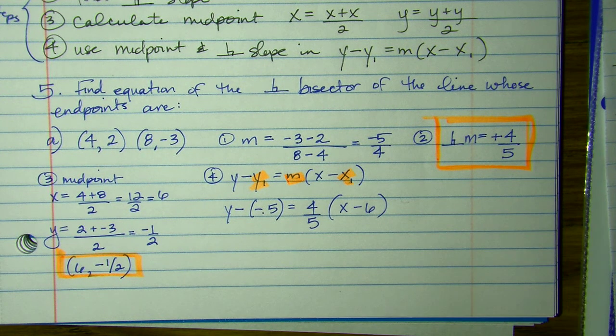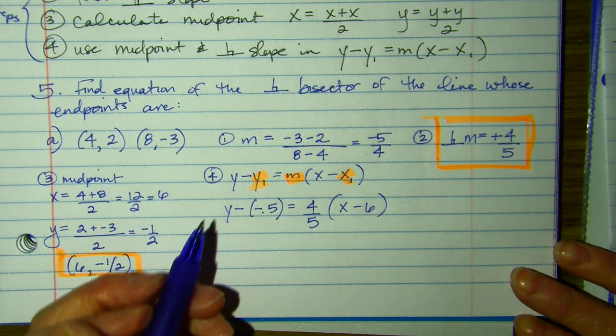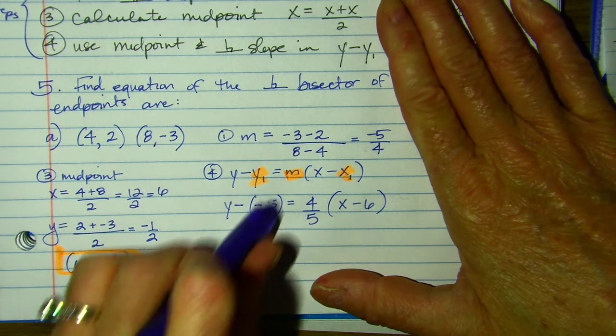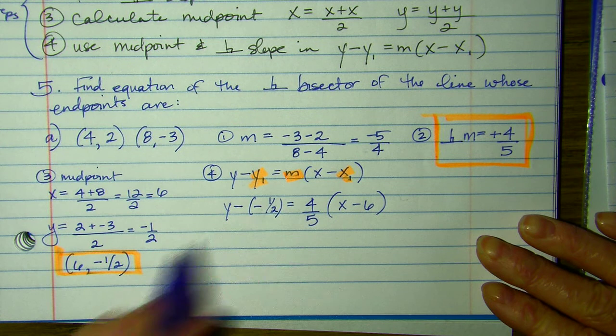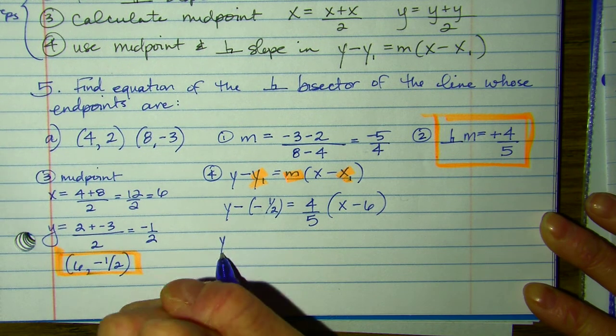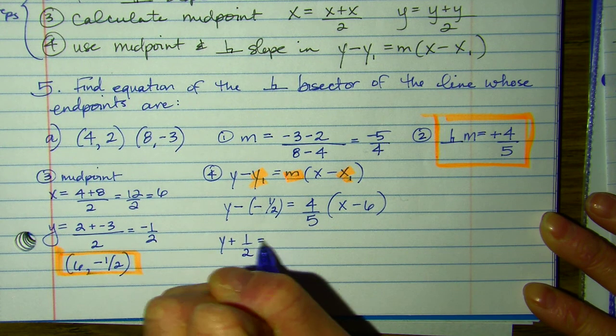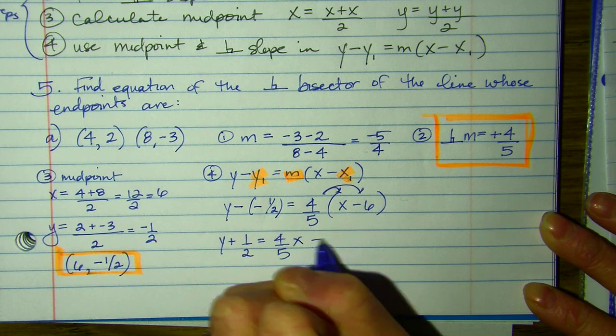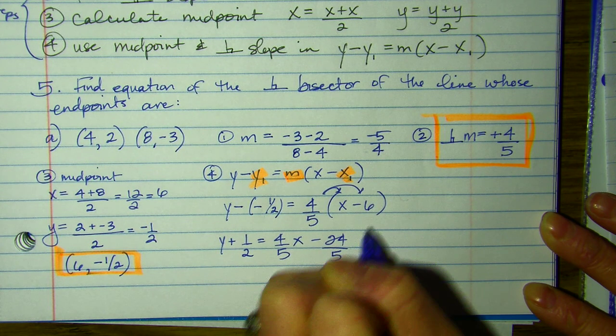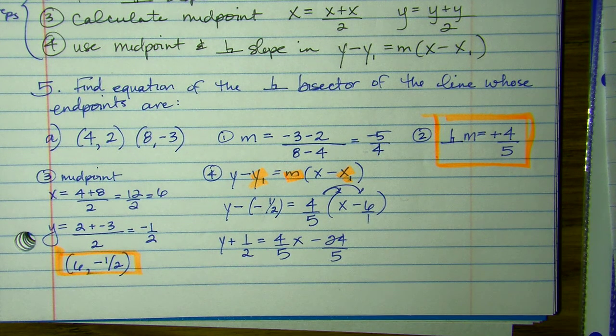Okay. So I'm going to simplify this. Actually, you know what, since I have a fraction over here, I should probably keep this as 1 over 2. So this leaves me with y plus 1/2 equals 4/5 x, right, I'm distributing, minus 24 over 5, right, this is over 1. 4 times 6 is 24.